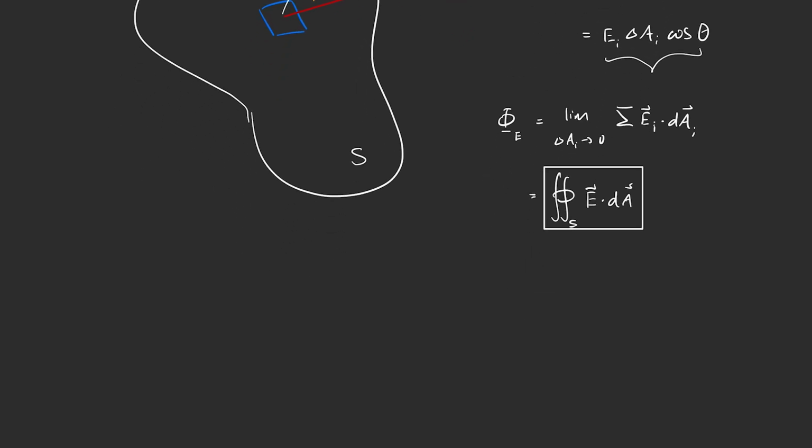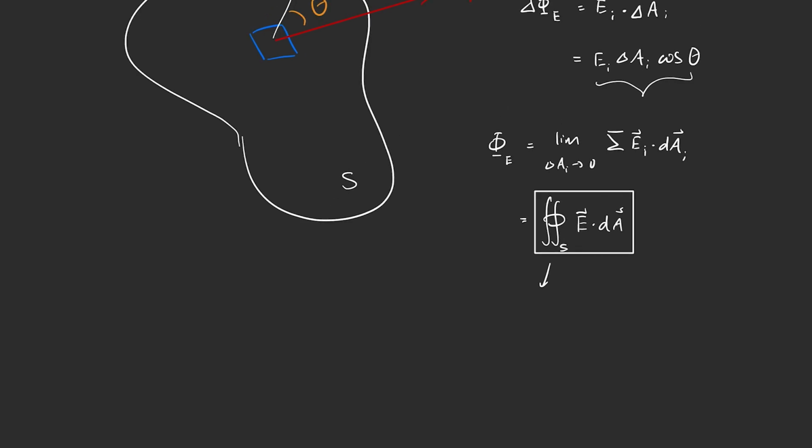To recap, this symbol denotes a double integral over a closed surface that encapsulates some volume. And to do this integral, we have to specify our surface and we have to sum the dot products.